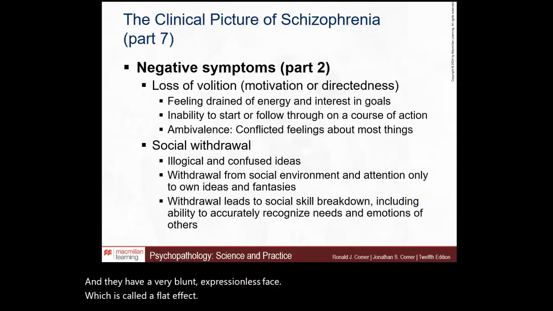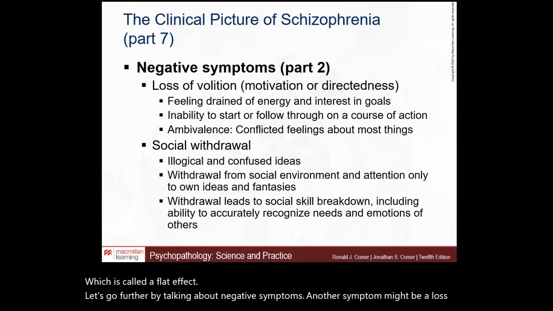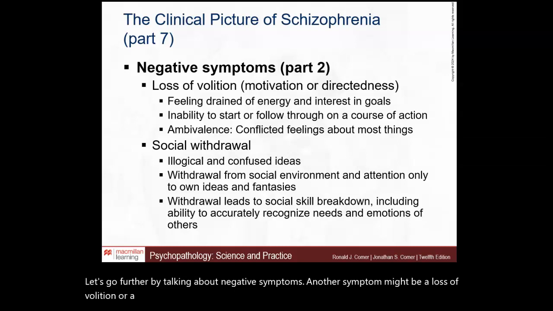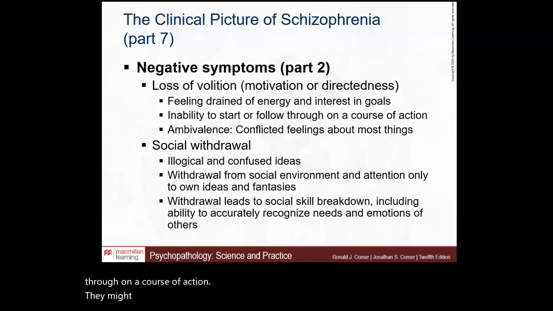Let's go further by talking about negative symptoms. Another symptom might be a loss of volition or motivation. The person feels drained. They have the inability to start or follow through on a course of action. They might have conflicted feelings or a sense of ambivalence about most things.